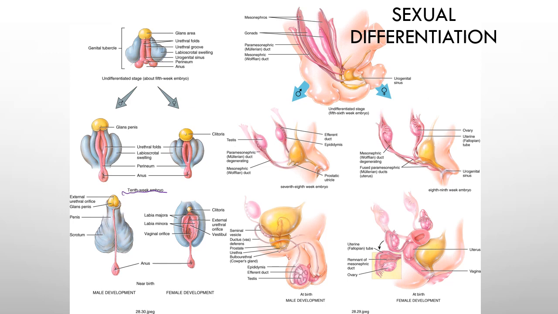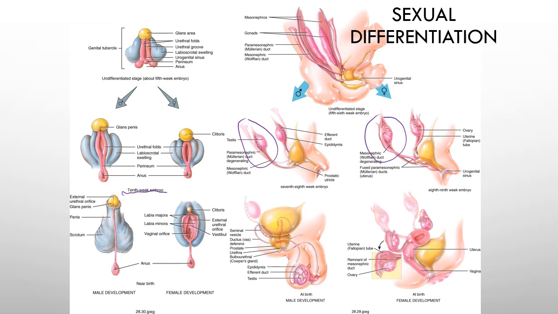Once we get closer to birth, 7 months and on or so, we now start to see true differentiation in terms of the external genitalia. You can see early on as well that whether male or female, the ducts are both there for both male and female.